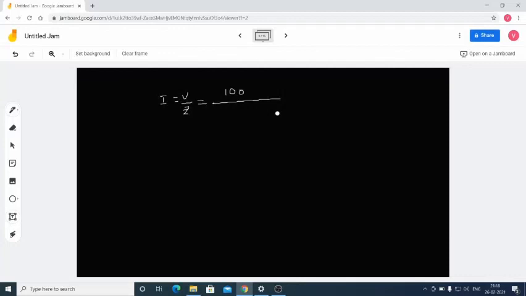Move on to the second problem, A cross B. Substitute 60 with an angle of 20 degrees for A and 30 with an angle of 15 degrees for B. The magnitudes of A and B are multiplied with each other: 60 into 30 is 1800, and the angles are added, 20 plus 15, which is 35 degrees.